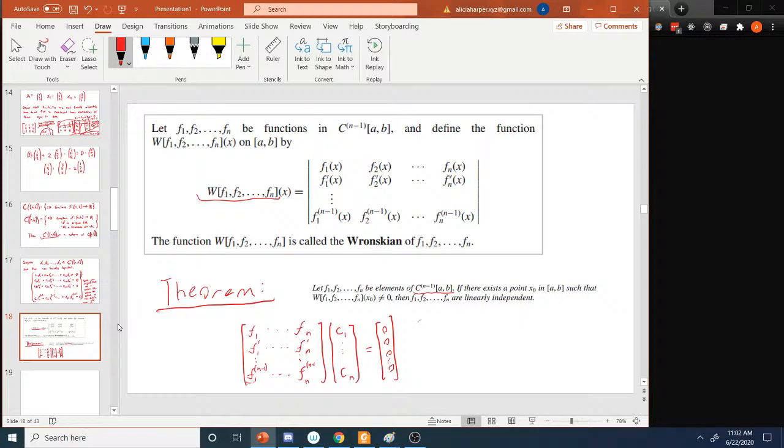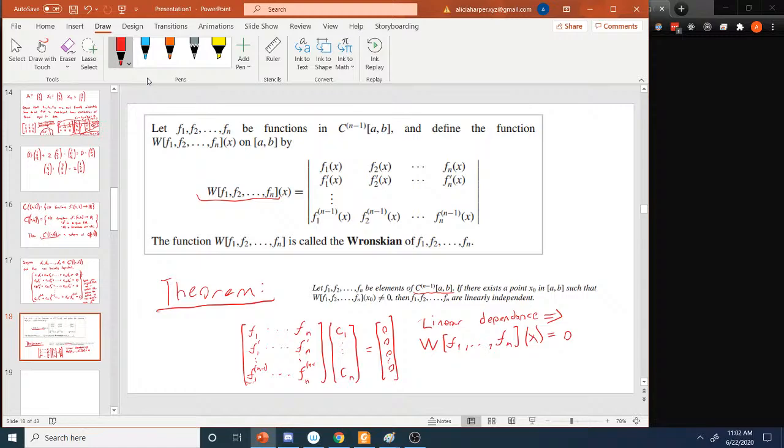So by using this fact, we see that linear dependence implies that the Wronskian has to be equal to 0 for all x.